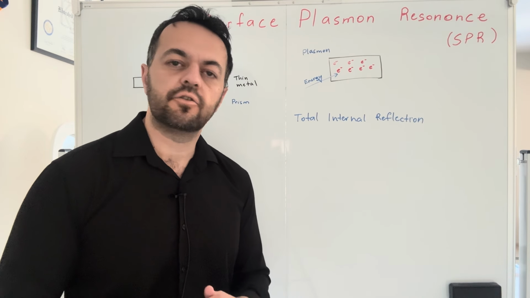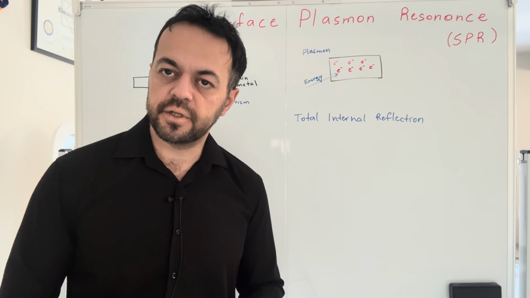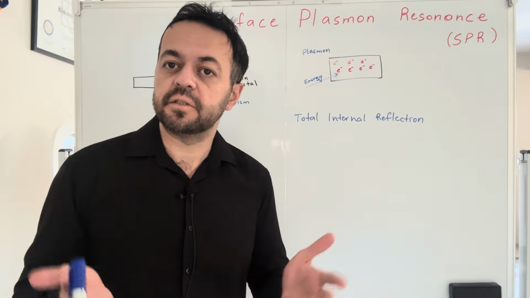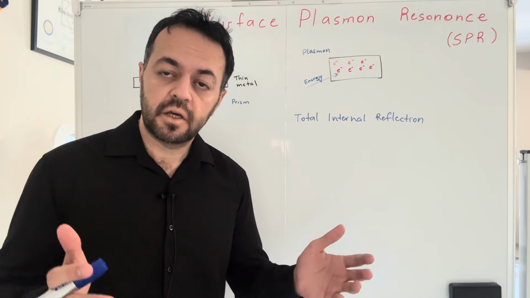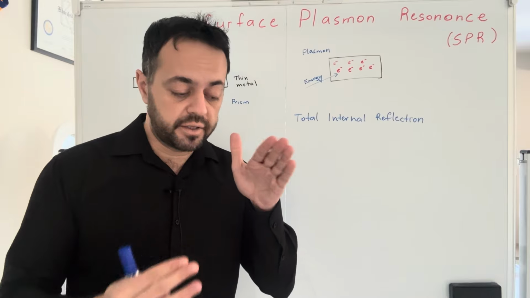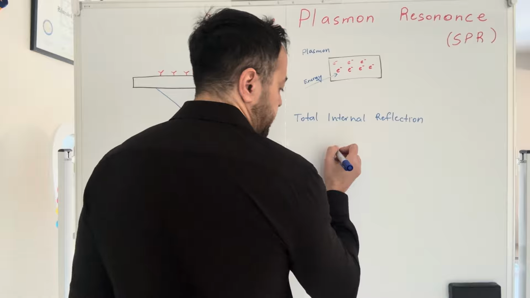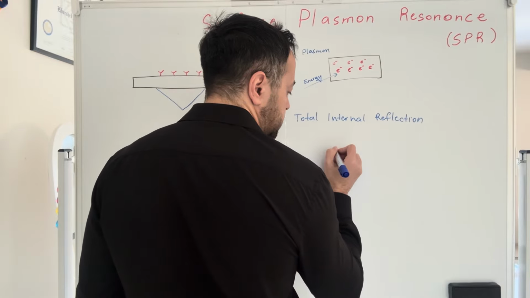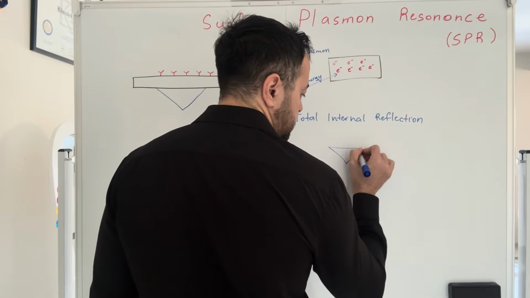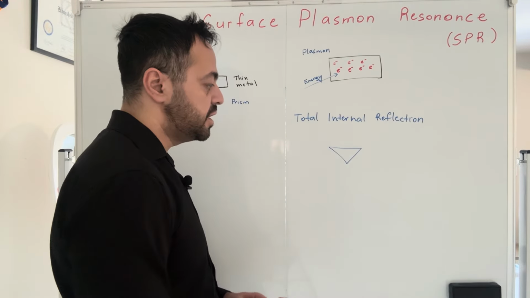Total internal reflection is a phenomenon in physics and optics where the light is completely reflected. By name, it means there is no light escaping. It's completely reflected when the light hits the boundary between two media. Let's say we have a glass or prism here. So there are two media.